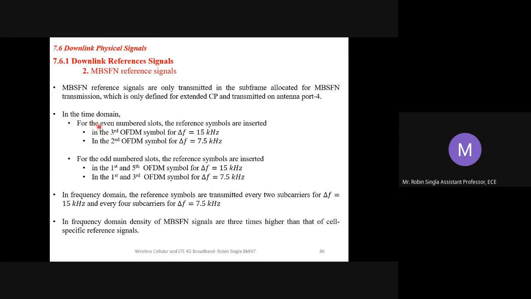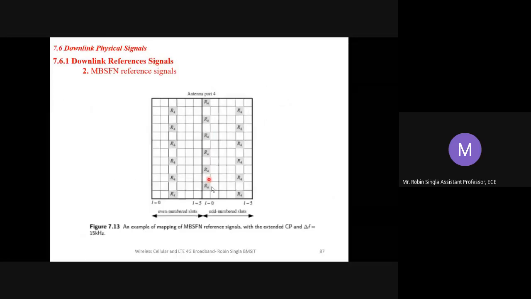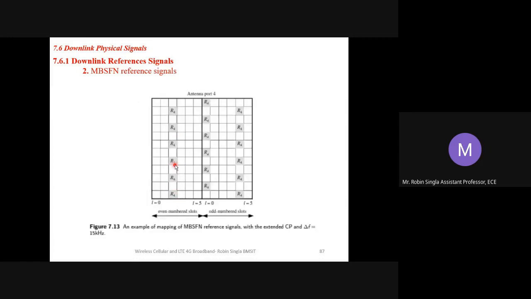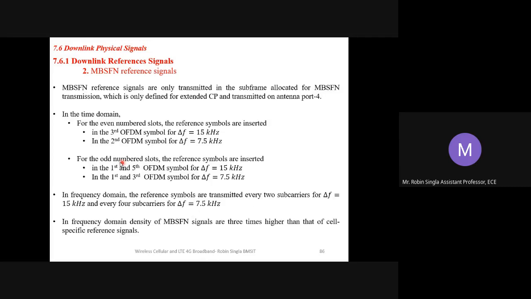So in the time domain, for an even-numbered slot, reference symbols are inserted in the third OFDM symbol for delta f of 15 kilohertz. You can see here it is in the third OFDM symbol for the even-numbered slot, and in the second OFDM symbol for delta f of 7.5 kilohertz.